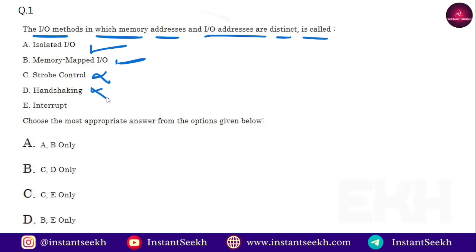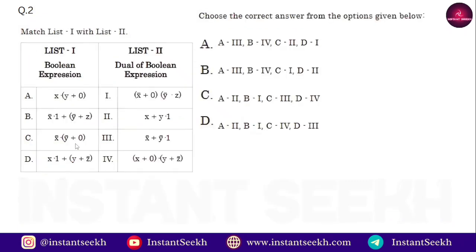So this is not the correct option. Interrupt, as you know, is a signal given to the processor indicating an immediate action is required. So this is not an IO method. So your correct options are A and B, and in your answer options, that is A. So your correct answer is A. Let's move on to the next.